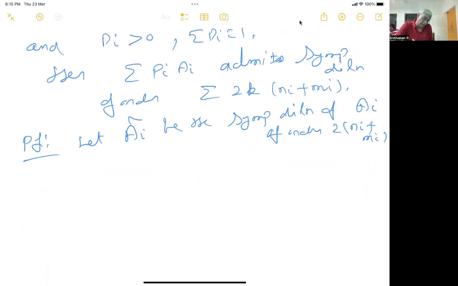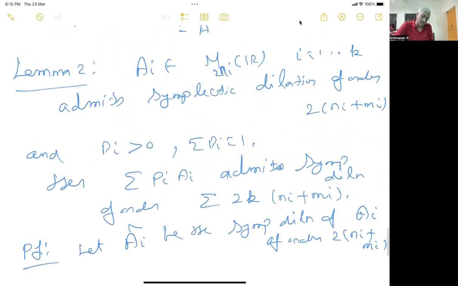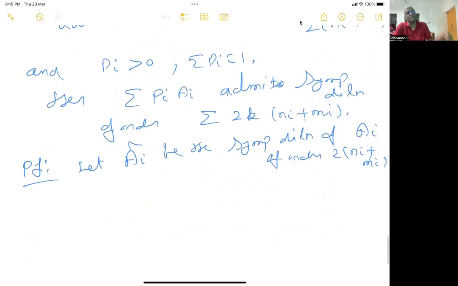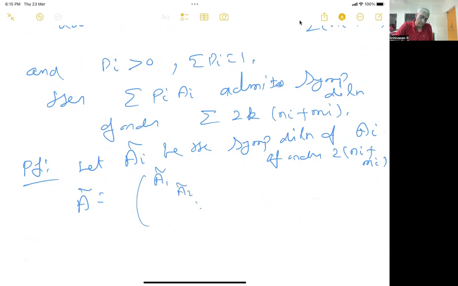And we want to talk about that convex linear combination, not dilation. It's a convex linear combination. Let us denote AI tilde to be A1 tilde, A2 tilde.